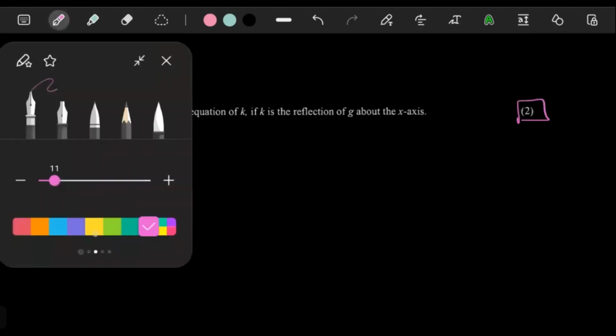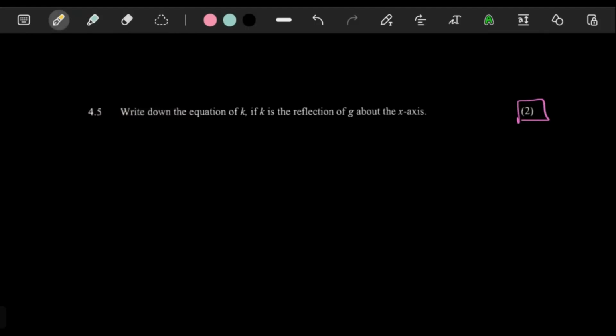4.5. What does 4.5 say? 4.5 is an interesting question. Anyways, let's see what this wants us to do. Write down the equation of k if k is the reflection of g about the x-axis.